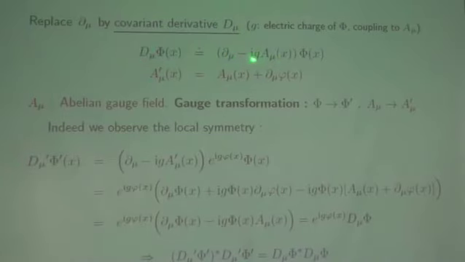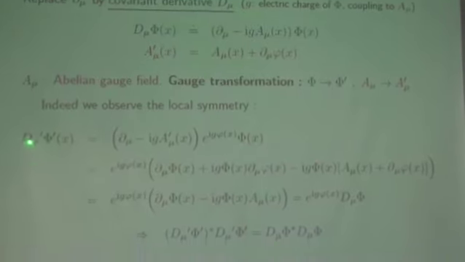The derivative has an extra term here, which contains the same coupling constant g now, and an extra field here. And if we perform this transformation of phi to phi prime, then this extra field of a vector character transforms as well, with an extra term, which is the derivative of the phase that we attach to phi. And it can easily be shown that this is now locally symmetric.